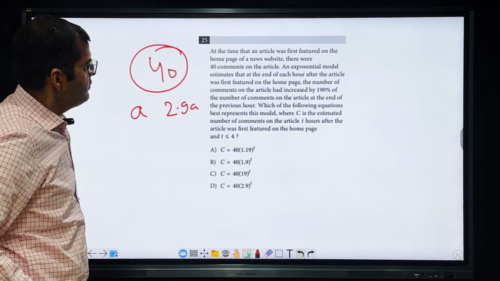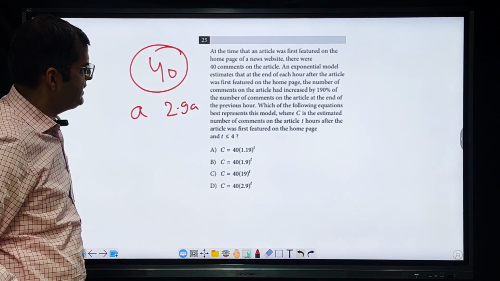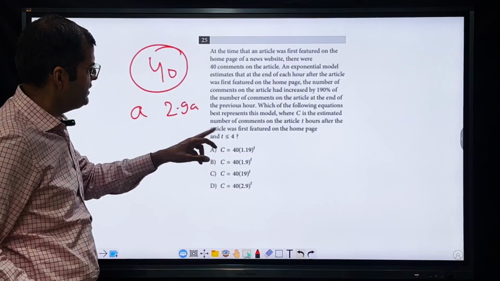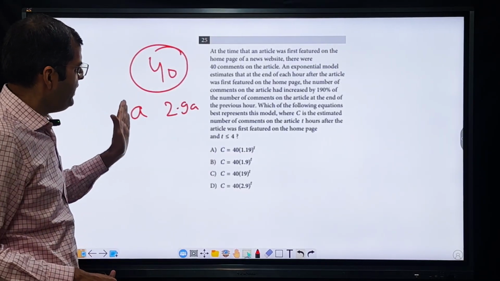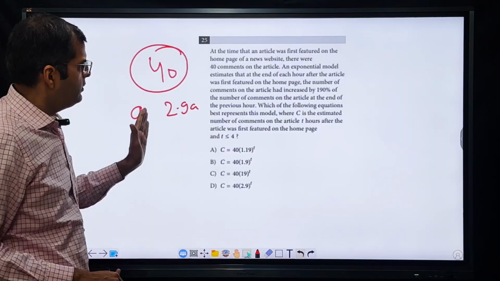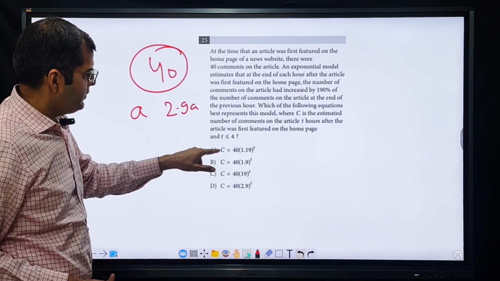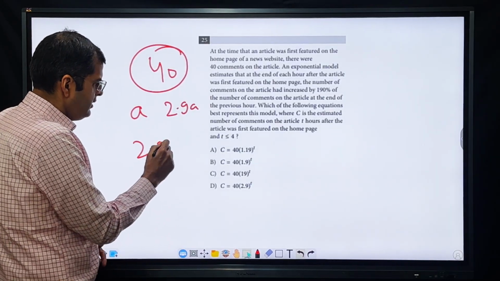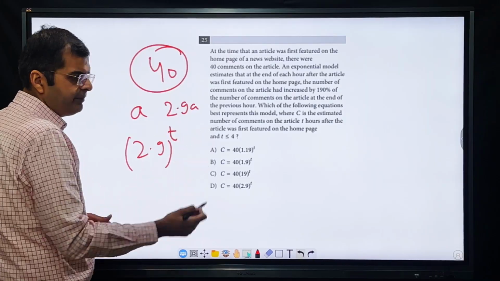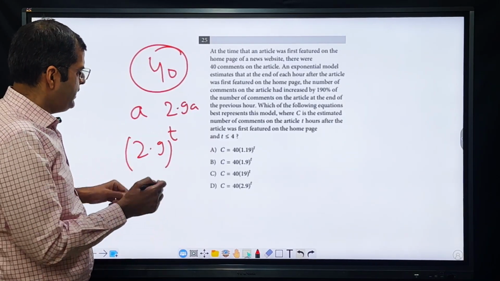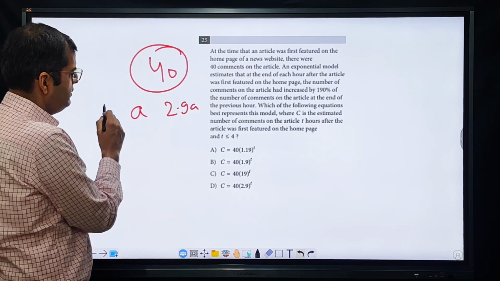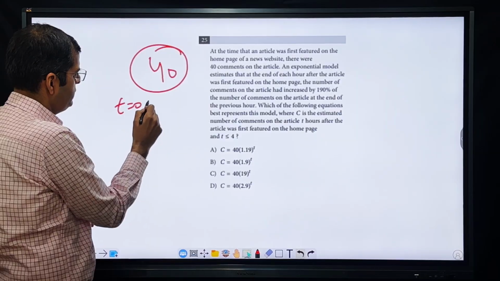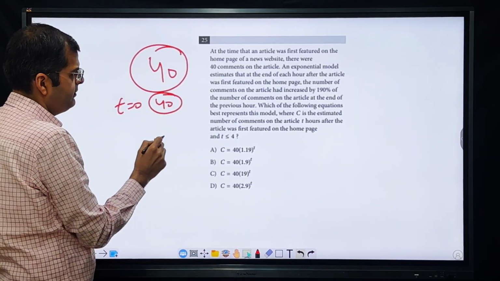Which of the following equations best represents the model, where C is the estimated number of comments on the article T hours after the article was featured on the homepage, T less than or equal to 4? So if you are at A, the next moment it should be 2.9A. So you have to increase by a factor of 2.9 raised to power T. Let's say at T equal to 0, there were 40 comments.